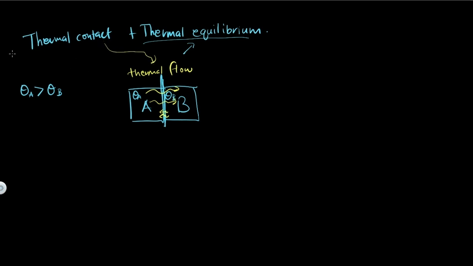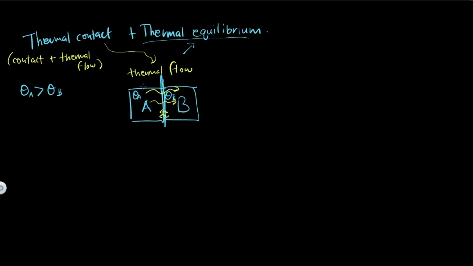Remember, thermal contact means they must have contact, and at the same time there is thermal flow or heat flow between them. That is what is meant by thermal contact.